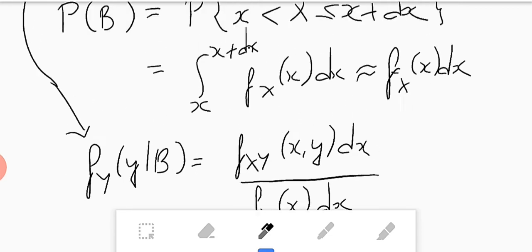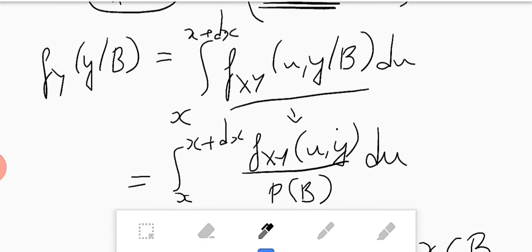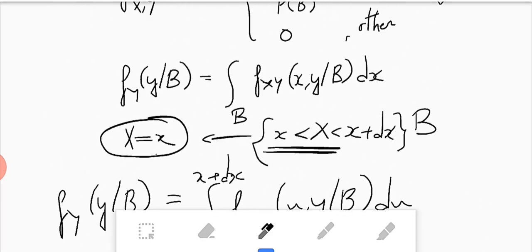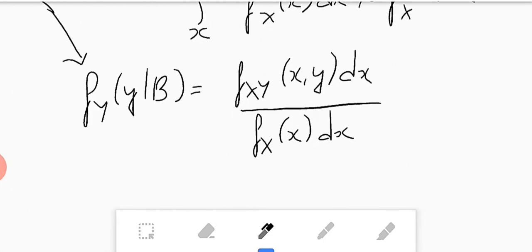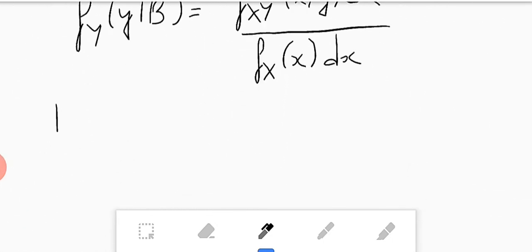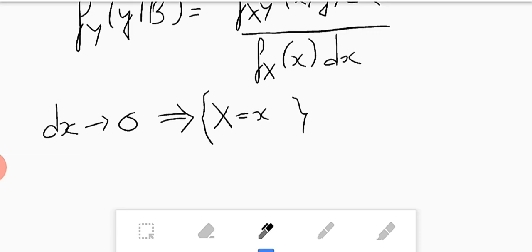When will your X converge to point x? When this dx becomes 0. So once your dx approaches 0, your capital X will become equal to x, which is nothing but your event b.